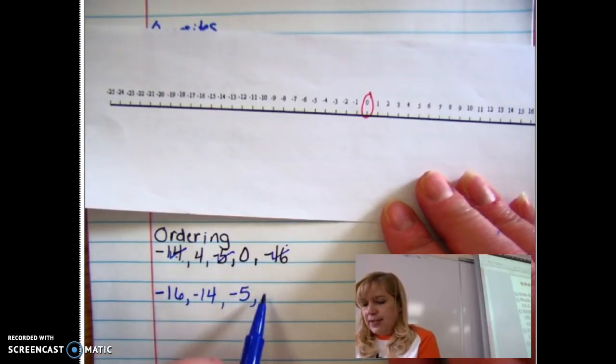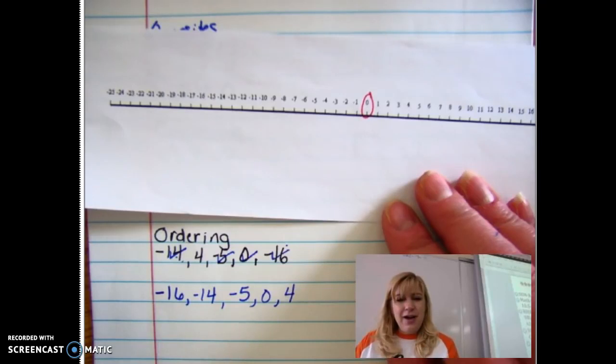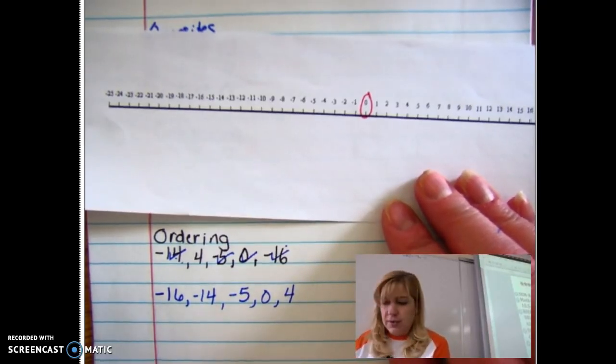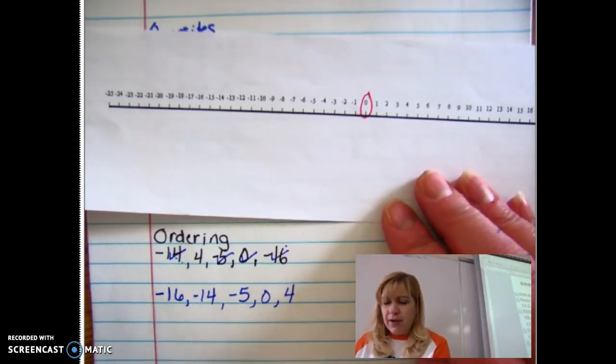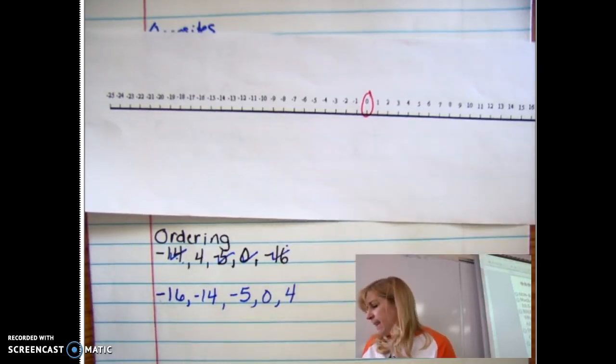And then I'm going to have a 0. And finally, a 4. Better than I would do. So really, really easy to do if you're thinking about what you're doing. Otherwise, you're going to mess up, and some of these negatives are going to end up over here because you have missed that sneaky little negative sign.